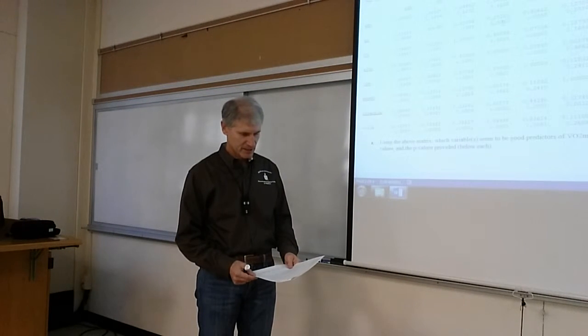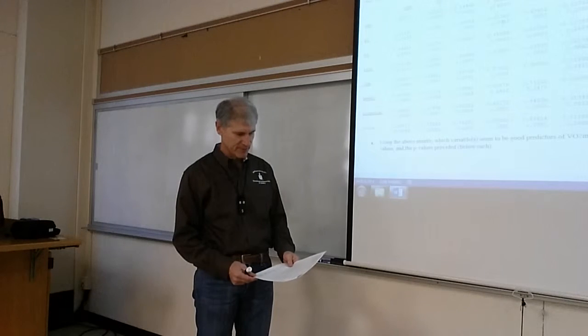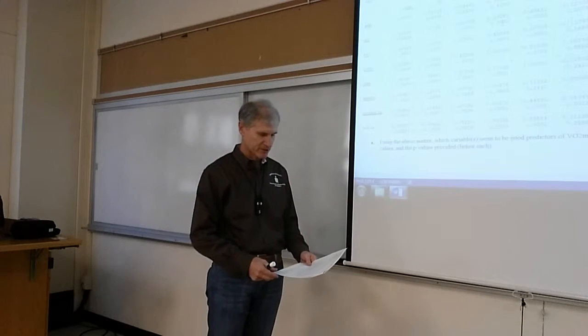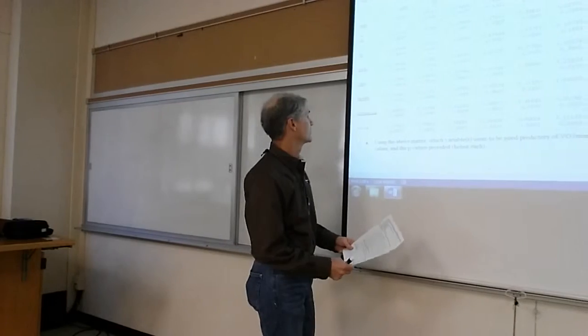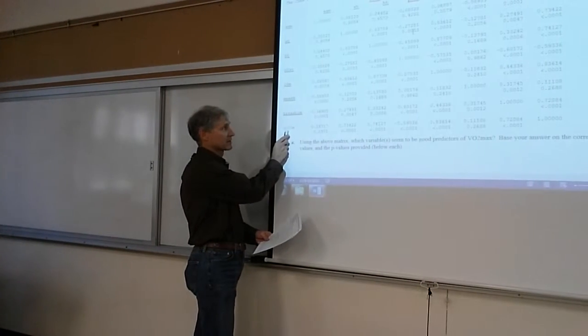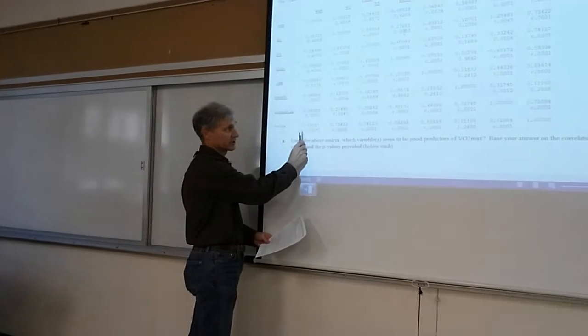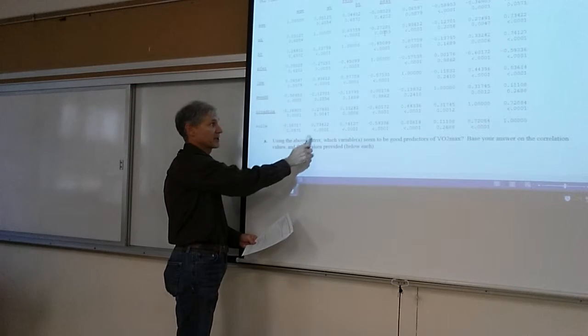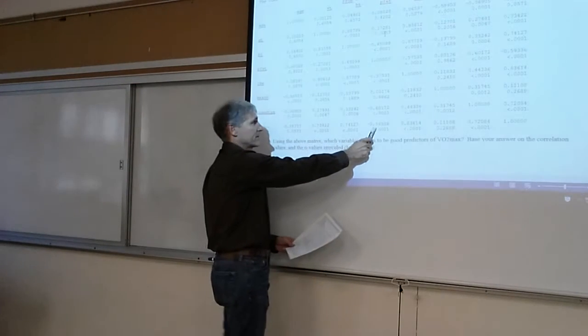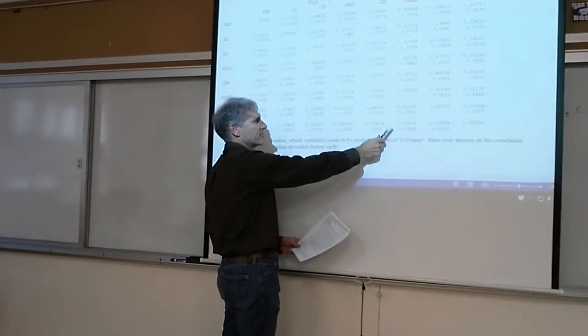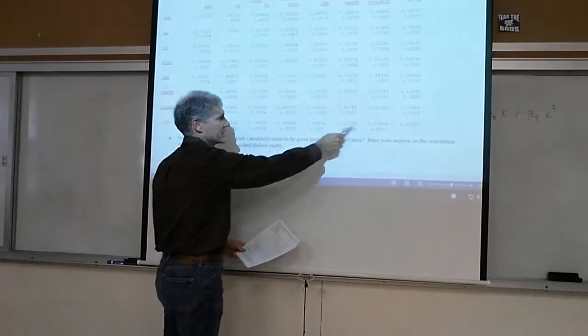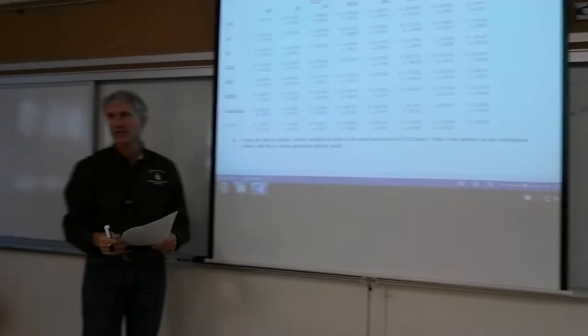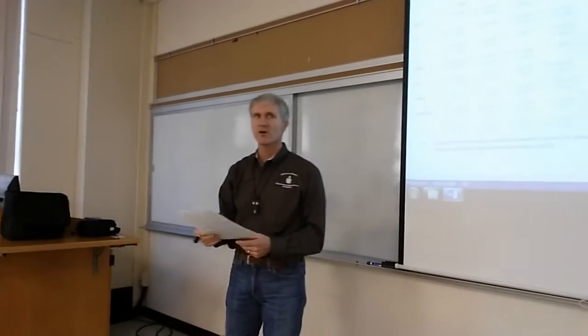The first thing it says is, using the above matrix, which variables are good predictors of VO2 max? So if you look at VO2 max correlated with the other variables, you're just looking for ones that are fairly big, and a lot of them are pretty big. .73, .74, .59, it's negative. .83, that one's not big, but that one is. So almost all of them would get circled and say, hey, these are all potentially pretty good predictors.